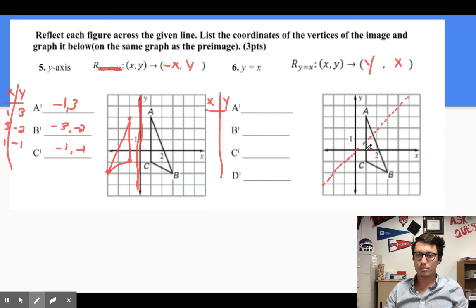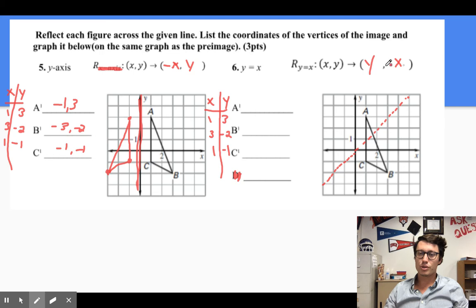A is at 1, 3. Notice, ladies and gentlemen, they're the same exact shape. B is at 3, negative 2. Notice again, typo. C is at 1, negative 1. Sorry.